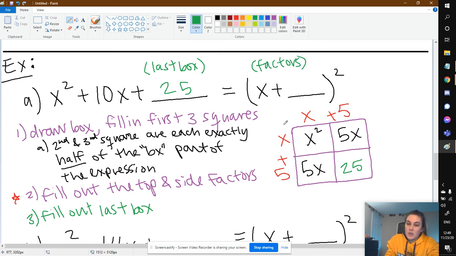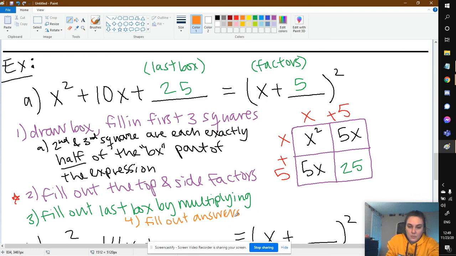Where it's x plus 5 times x plus 5, so it's just x plus 5 squared. I'm multiplying. And then I should have made this a different color, but then we can fill out our answers with the last box and our factors.